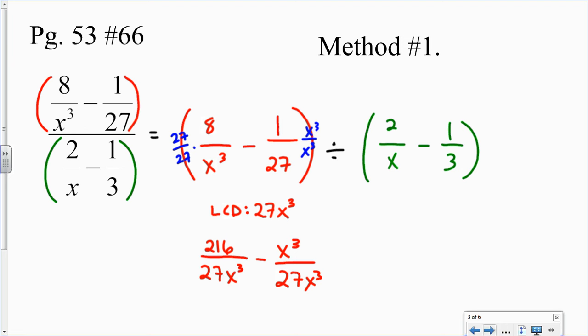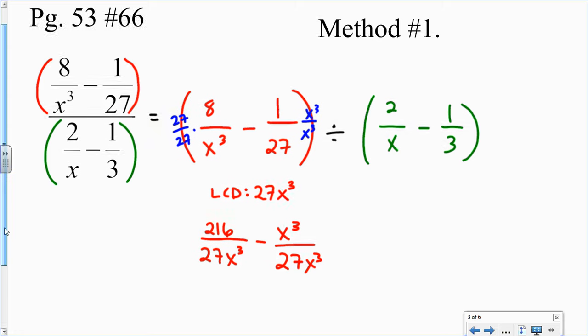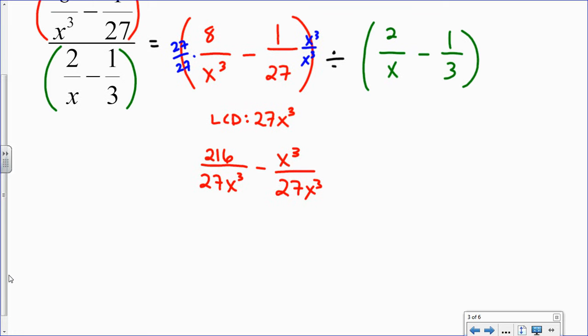Go ahead and subtract in the numerators. So I get 216 minus x cubed over 27x cubed.